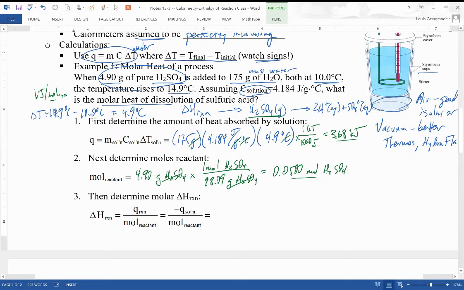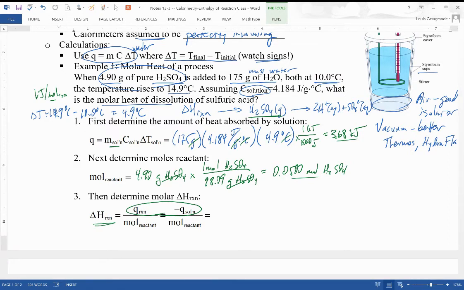All right, so now we've got kilojoules and we've got moles, but we're not quite there yet, because what we have to realize, as we saw up above, is that for the delta H of the reaction, if we're doing this in kilojoules per mole, we do have to take the Q that we measured, and the Q of the reaction is always the negative Q of the solution, or negative Q of the water. So in step number 1 here, we actually measured the Q of the solution, not the Q of the water, but it's really the same thing.